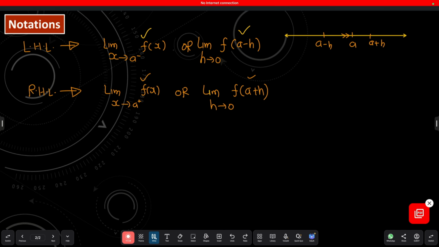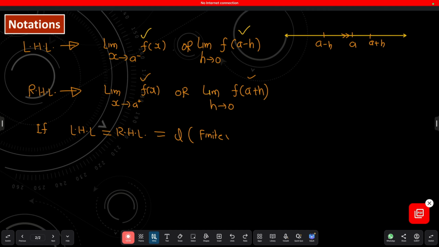Okay, then when do we say the limit exists, and when do we say the limit does not exist? If your LHL equals RHL, both are equal, and both must give a finite value, LHL equals RHL equals L. What is L?